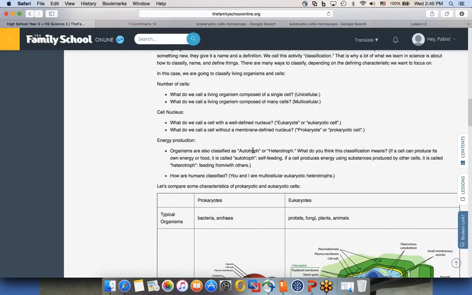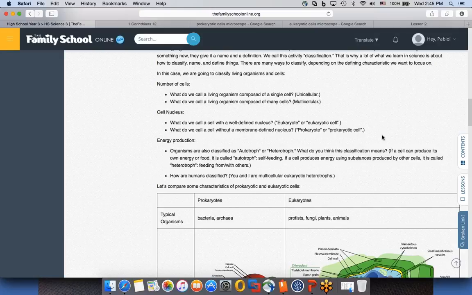So αυτό, or auto, also can be used in automobile or any of the other words that start with auto, automatic. That means self. Something that does it by itself. Hetero means with others or from others. And so, like autobiography, yes, excellent, Anna.